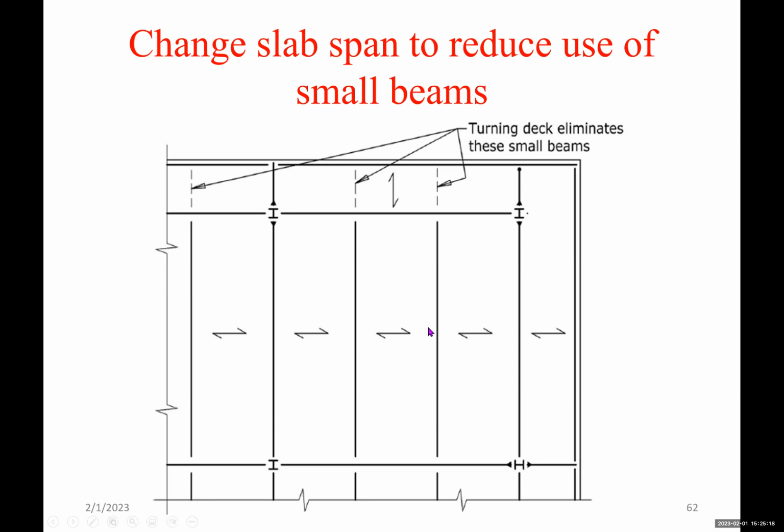The deck is running this way. If we want to keep it running this way, we have to use small beams here. Instead of doing that, just change the orientation and let it span between this beam and the edge beam. And then you eliminate all these small pieces.